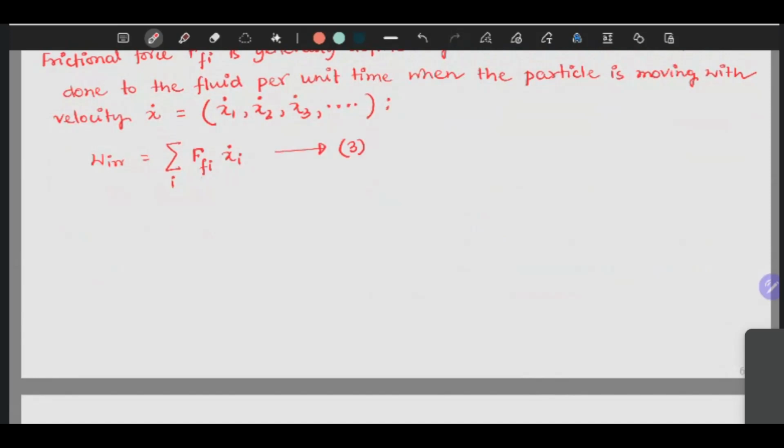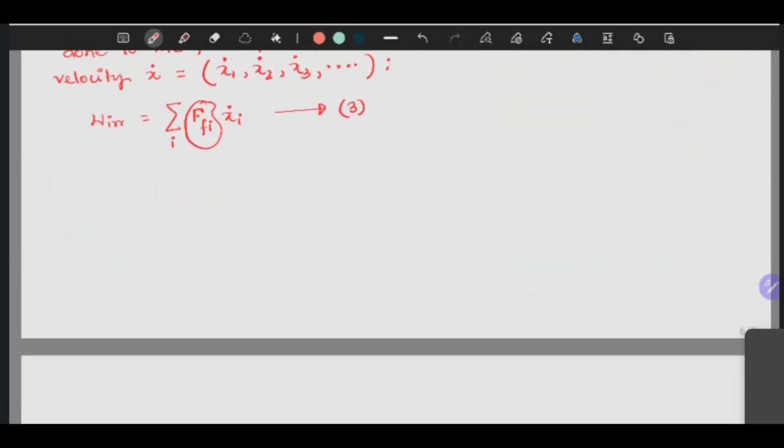And also this frictional force is a linear function of the generalized velocity.